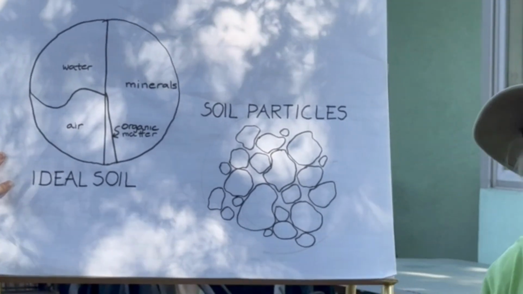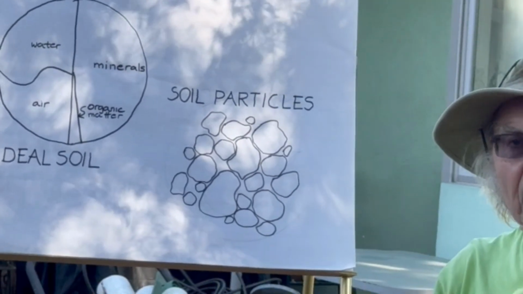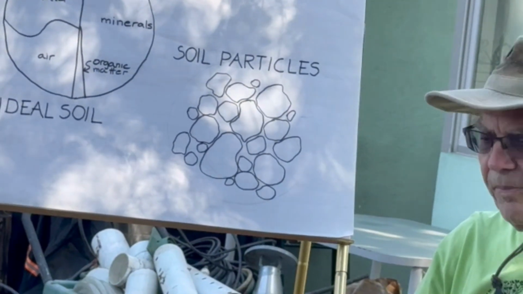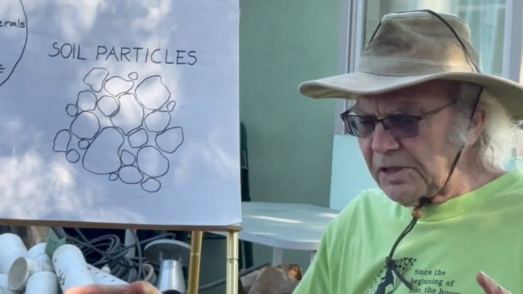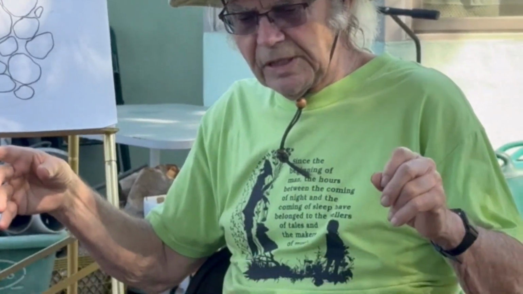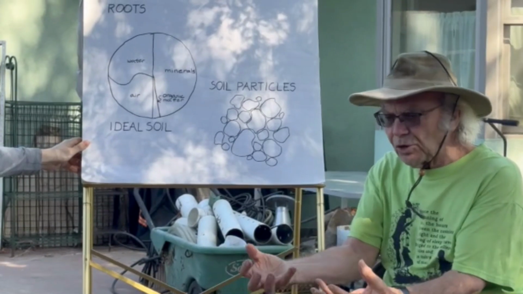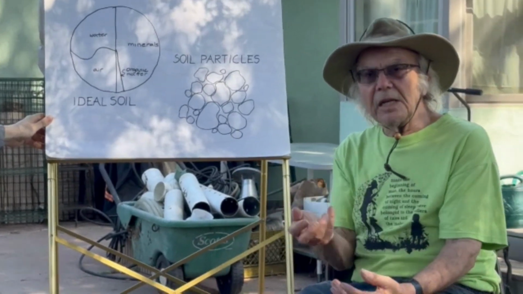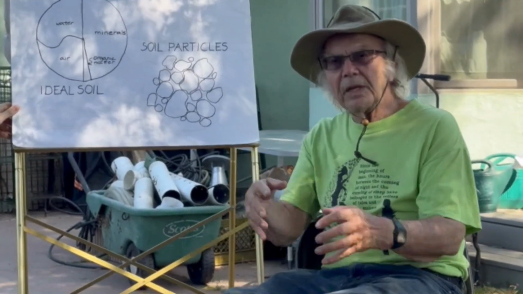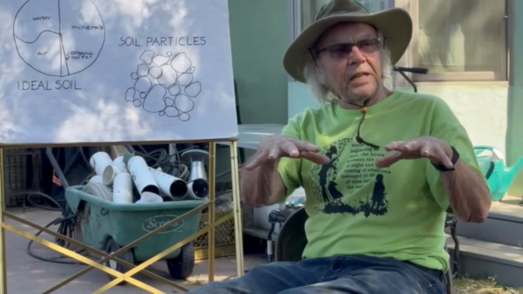How can you tell how much there is by look? Yeah. When we do our test, probably next week, we'll just take a bunch of soil and shake it in a jar with water. The sand will settle within a minute.